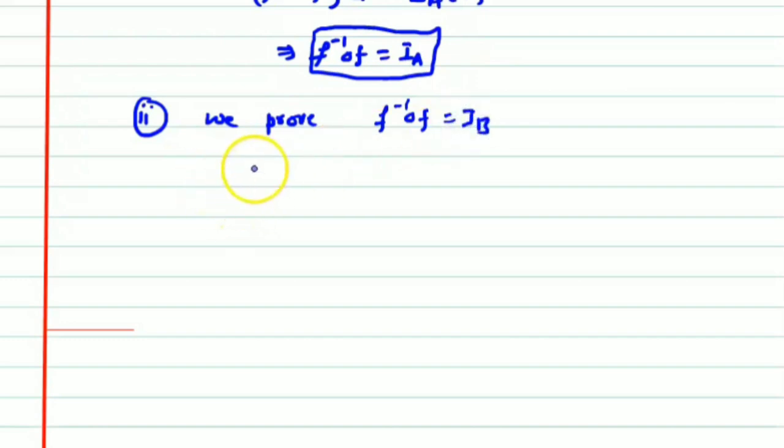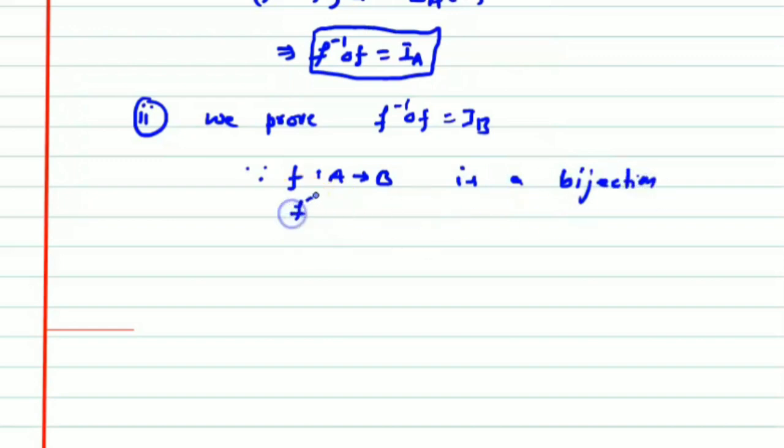Similarly, since f mapping from A to B is a bijection, f inverse mapping from B to A is also a bijection.